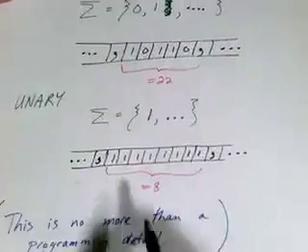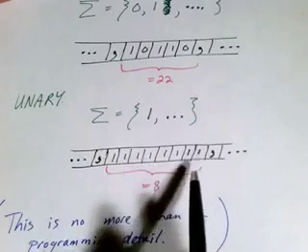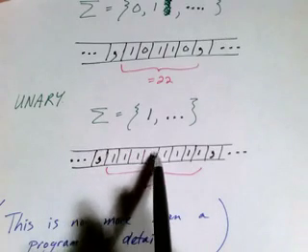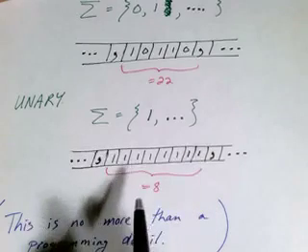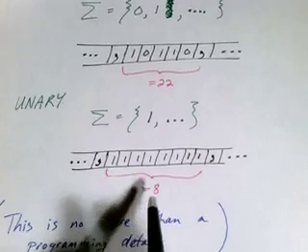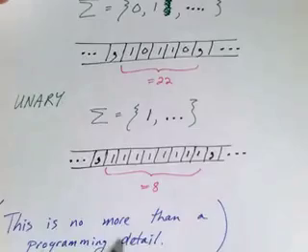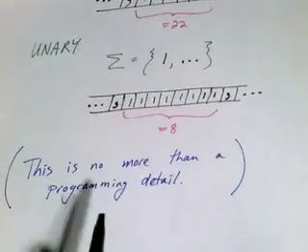Unary is the simplest number system where we have just a mark for every item. So we represent the number 8 with 8 ones. This is not a very efficient way to represent numbers. As the numbers get larger, the representation gets equally large. But how we represent numbers is really no more than a programming detail.